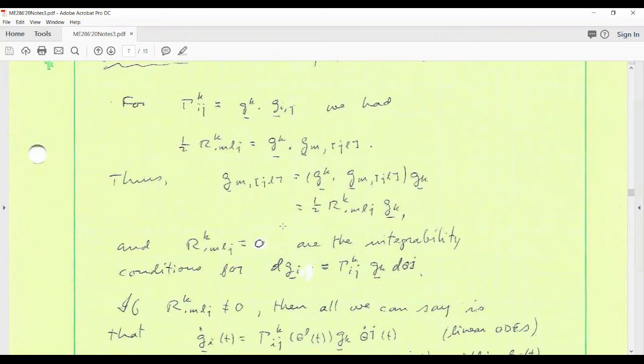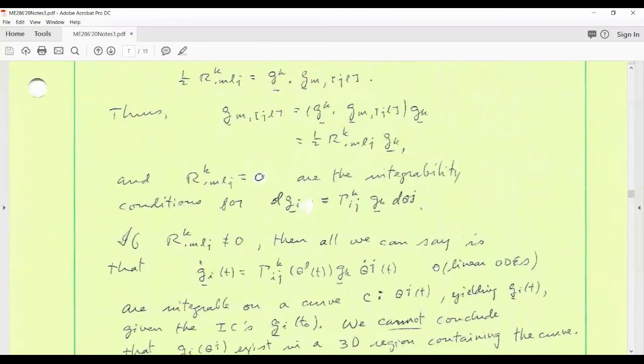So this shows us that, in fact, the vanishing of the Riemann tensor gives the integrability conditions for this set of equations that we had before. Last time we talked about an affinely connected space being one for which this is true on curves in the space.